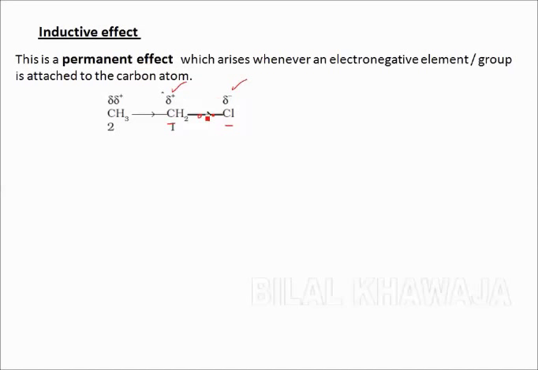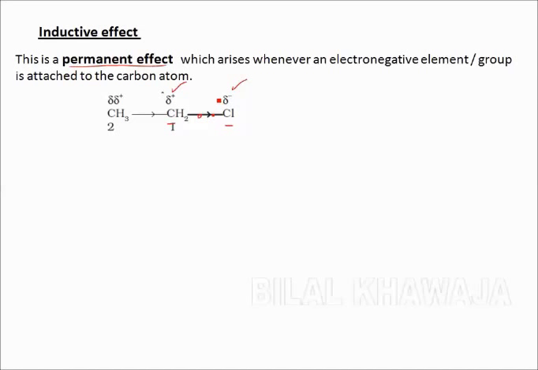The bond formed by the carbon and the chlorine is a sigma bond, and we know a sigma bond is formed by the head-on overlapping of atomic orbitals. This is also a permanent effect. That means the molecule will always be polar.